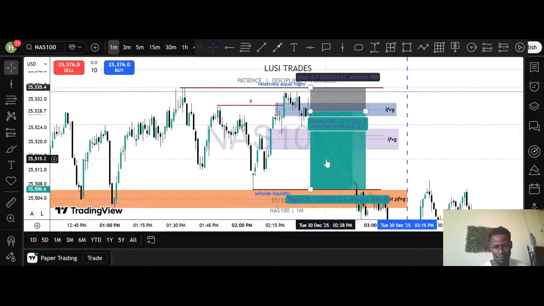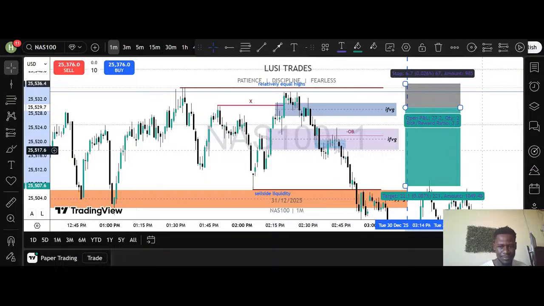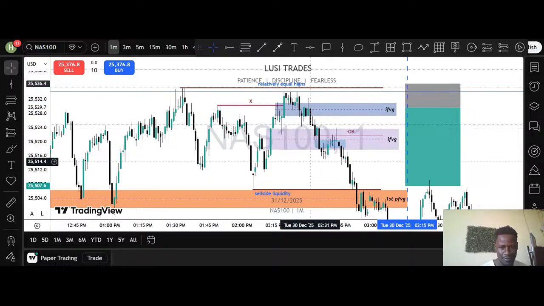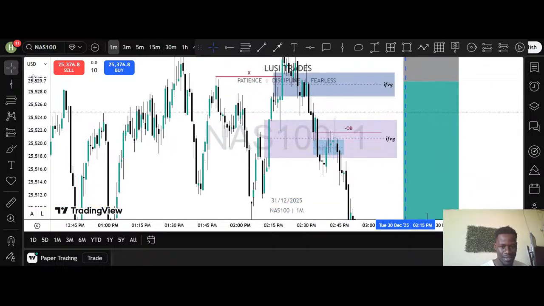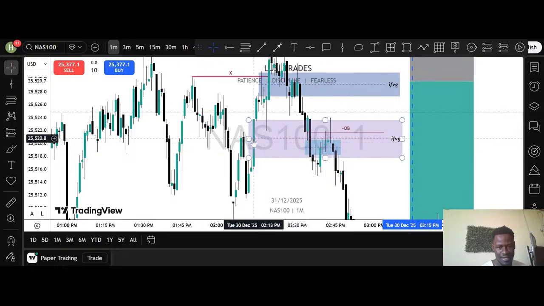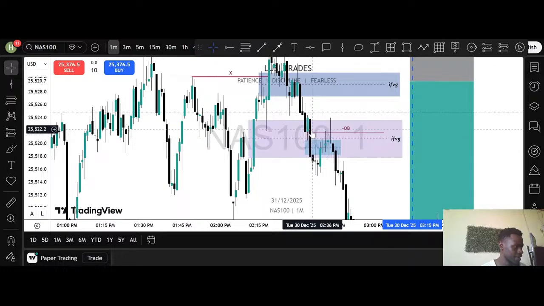Let me quickly remove that. We were highlighting all of these, and we did say we were having this BC also. You're watching how price is going to trade and close below it. Immediately we trade and close below it.